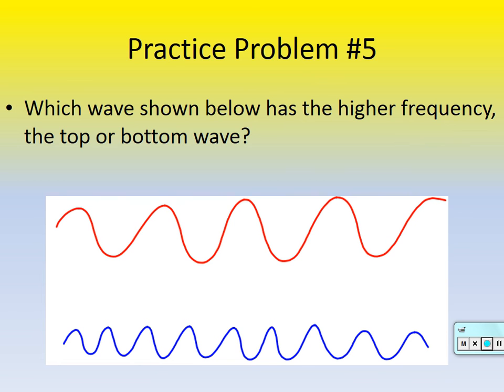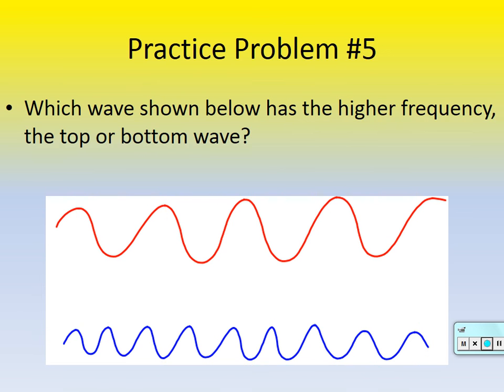Okay, practice problem number 5. Very easy. You guys try it. If you're watching the video, hit pause and try to answer it before you see the answer. Which wave shown below has a higher frequency, the top or the bottom? Now we want higher frequency. Wait, isn't that what we did last time?